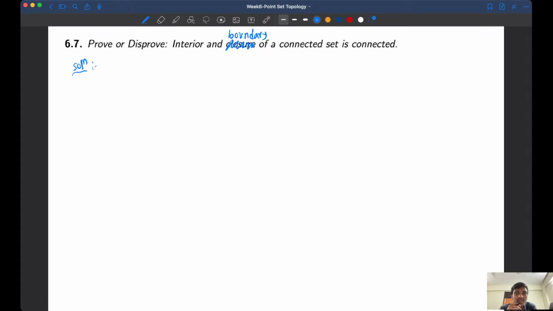But that is path connected, and the boundary is again, okay, the boundary is where you are ending on this side and that side. But the interior is connected, right?